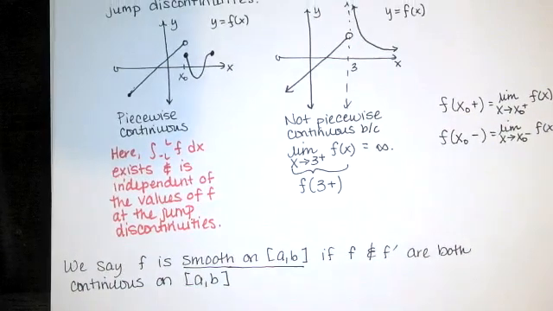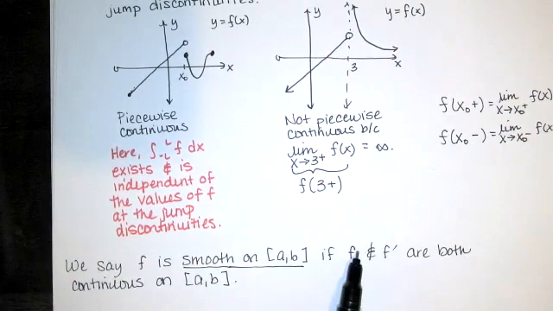And that just means when you look at the graph, there are no sharp corners. This guy is continuous, and if this guy is also continuous, that means there are no sharp corners in the function f. So that's what it means to be smooth.